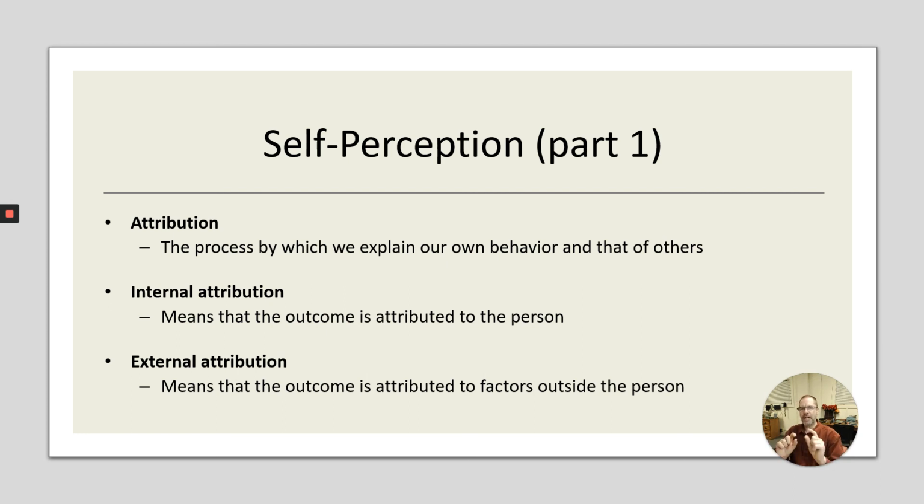To whom do we attribute this quality that we have, or something that's happened around us, something like that? So you get the internal, which is attributed to us, and an external, an outcome that's attributed to factors outside the person. Sounds all technical and everything.